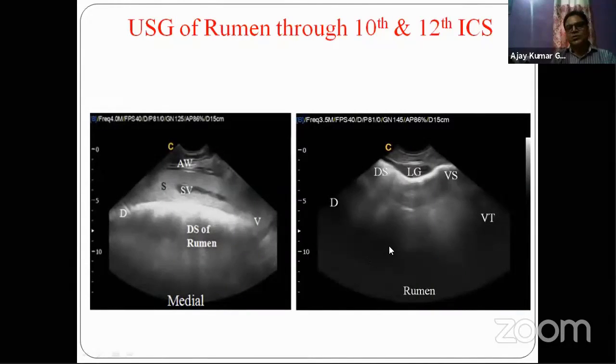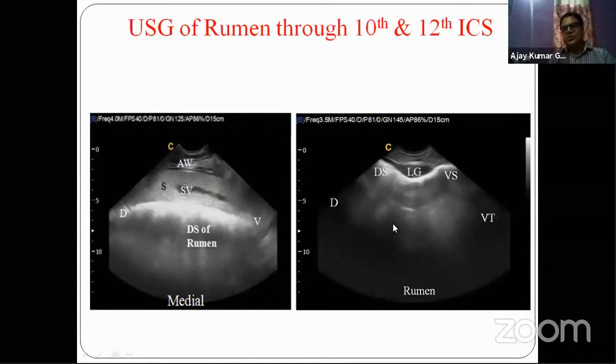These are the two pictures showing the scanning through the 10th and 12th intercostal spaces, almost in the middle of the abdominal wall. This picture I have shown you earlier, you can see the spleen, and medial to the spleen is the rumen, which appears as a semicircular, thick echogenic line.